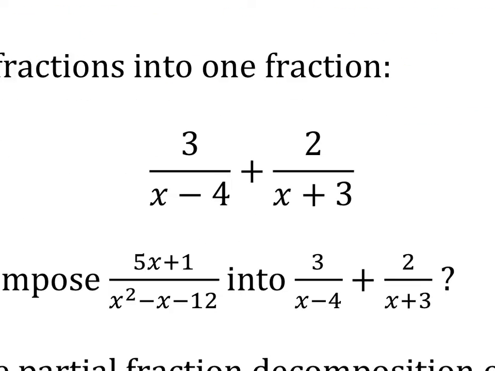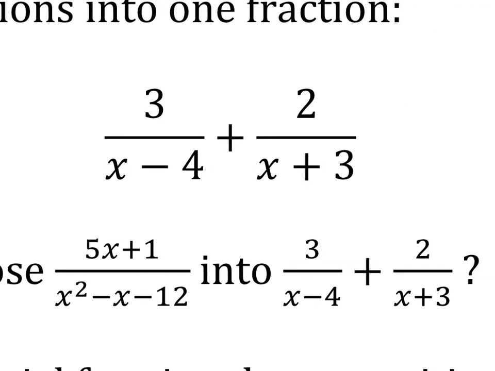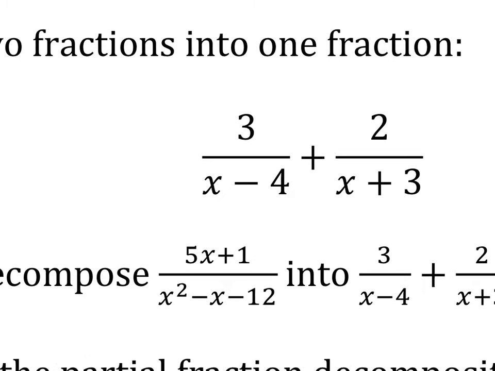All right, let's review Algebra 2. Can you combine them into one fraction? Of course you can. It has to have the same denominator. So the least common denominator is both of them, right?